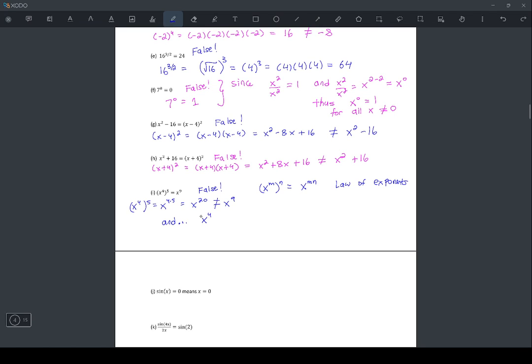X to the 4 all to the 5 means x to the 4 times x to the 4 times x to the 4 times x to the 4 times x to the 4. And each of those x to the power of 4 is just 4 x's multiplied together, and hopefully I can fit this all in one line.